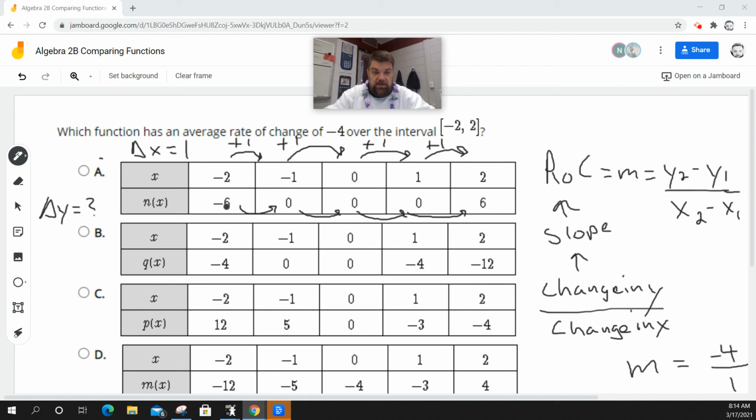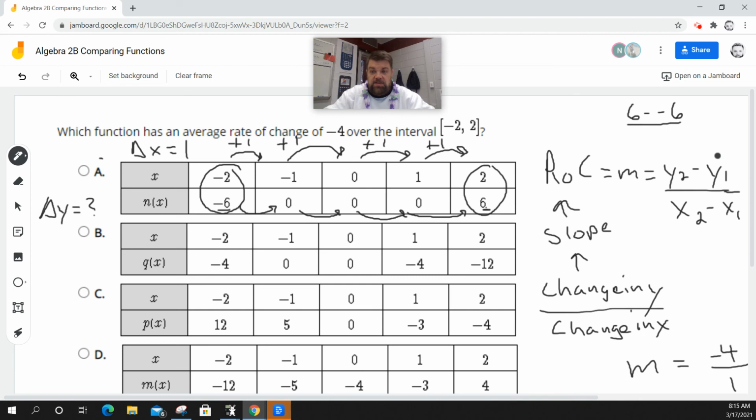Okay. Another way you could do this, the shortcut way, because these aren't all going to be linear, is to take this number and this number and calculate the slope. In other words, I could say 6 minus -6. So I'm going to take this 6 and subtract this -6. Those are my delta y's, right?